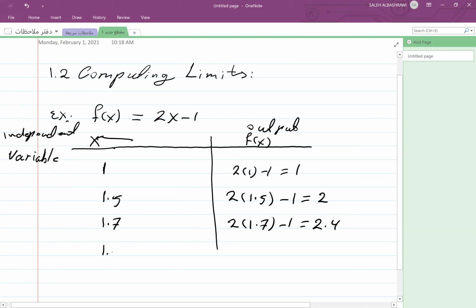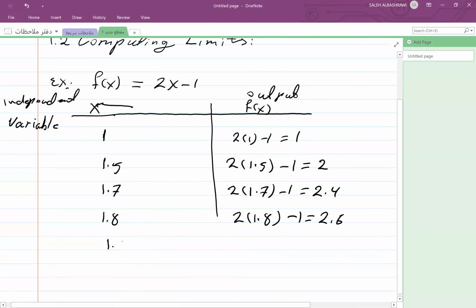If I have 1.8 for x, it will be 2 multiplied by 1.8 minus 1, which is equal to 2.6. If I have 1.9, then it is 2 multiplied by 1.9 minus 1, which will be equal to 2.8. So we notice one thing in this example.